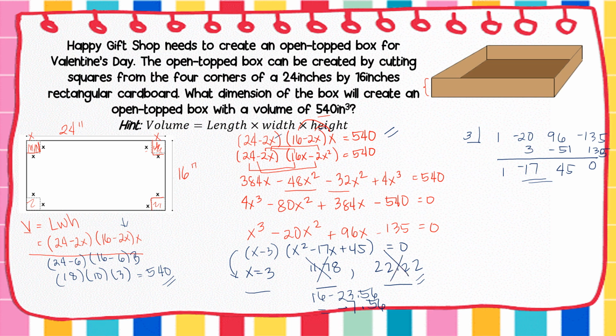So, what is our answer? We'll take x equals 3. Are we done? Not yet. We have tested it already. Our final answer is, you can draw it or just put the labels. Our height is 3. Our length is 18 inches. Our width is 10.